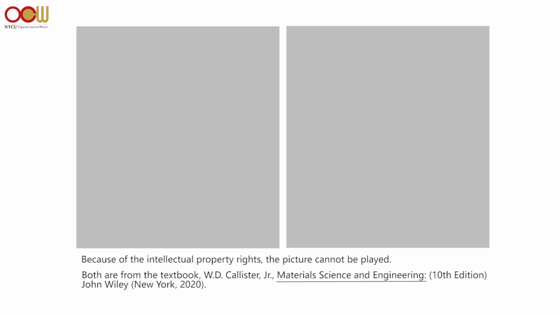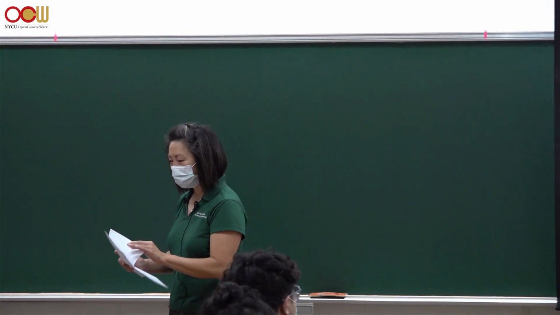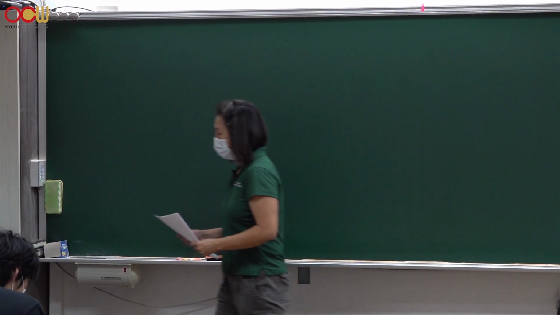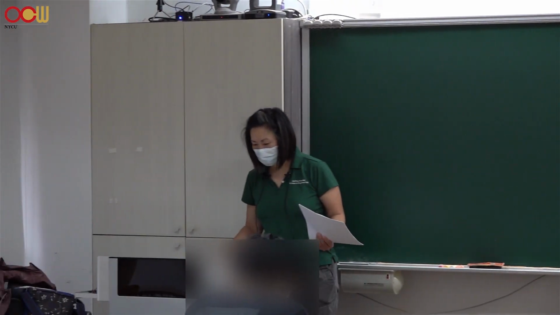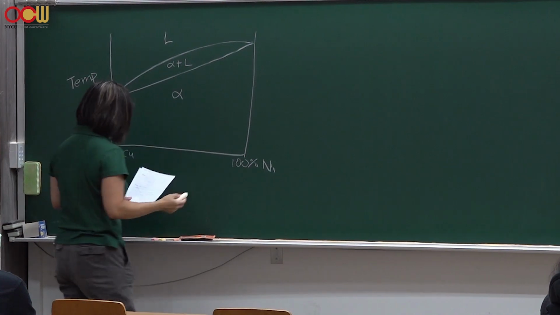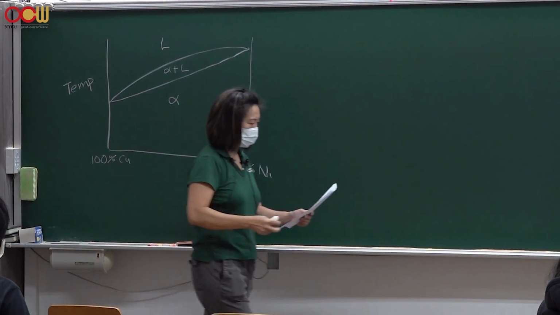So that will be temperature versus composition of the material. And I gave you an example of a binary material that was copper and nickel. Okay, and it looks something like this.